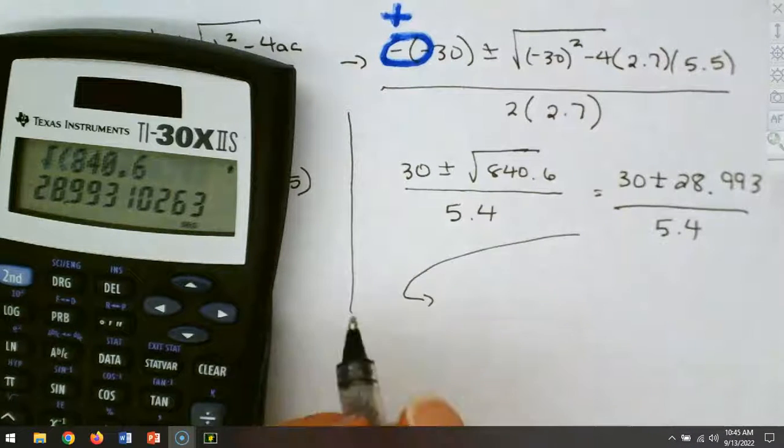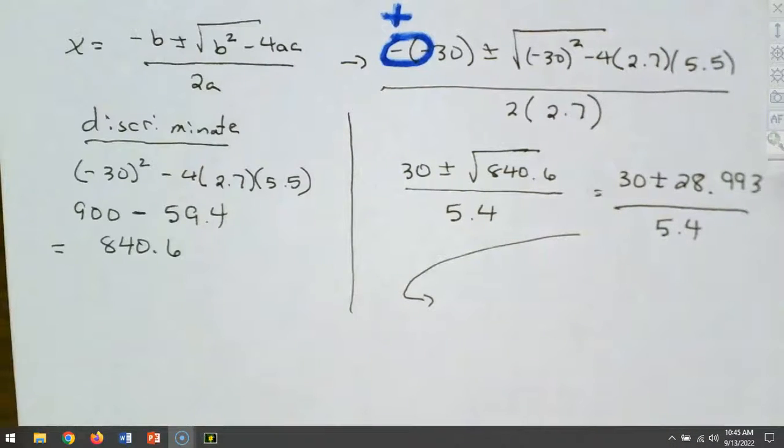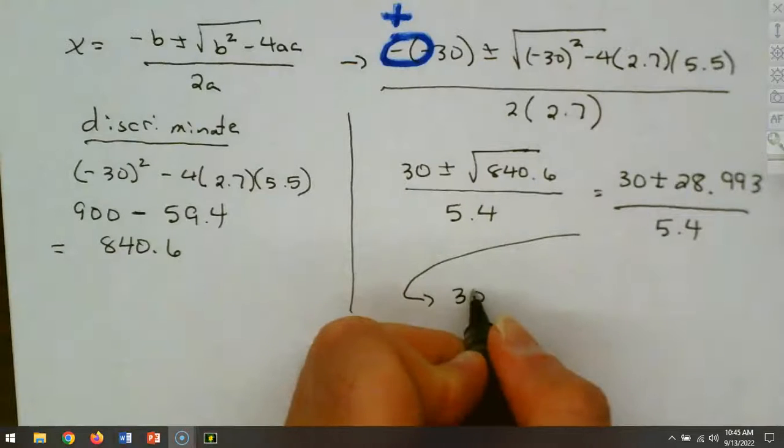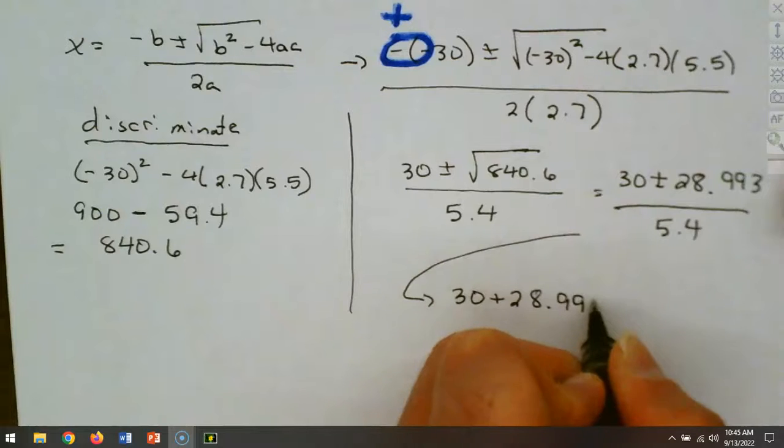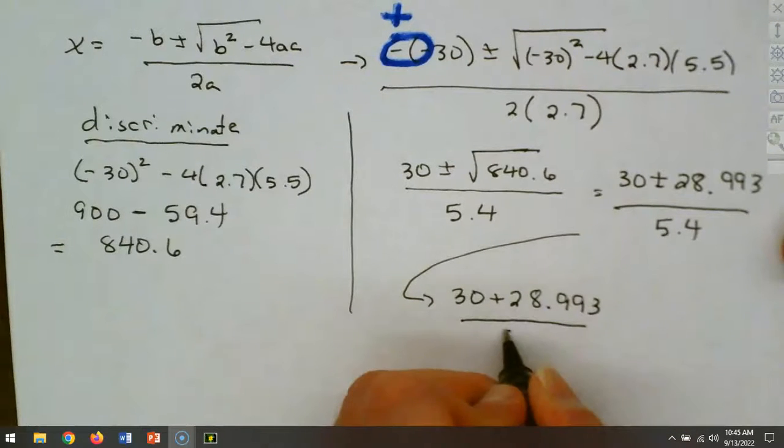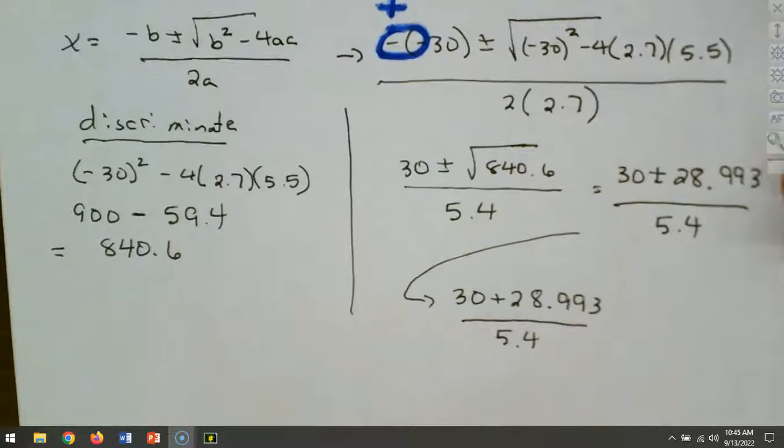And what does that give you? Well, we're going to have 2 solutions. Let's write them out. So we have 30 plus 28.993 over 5.4, so there's 1.